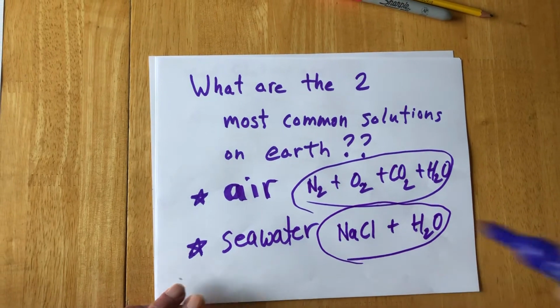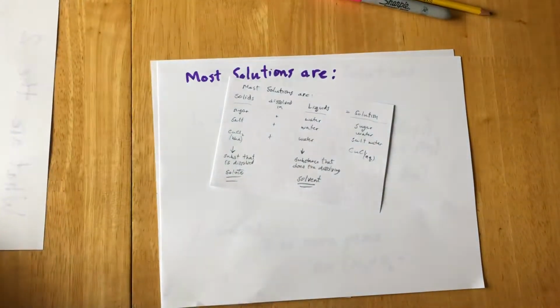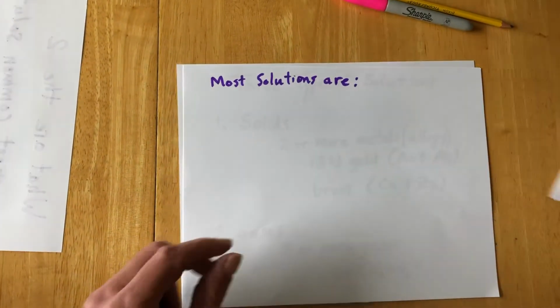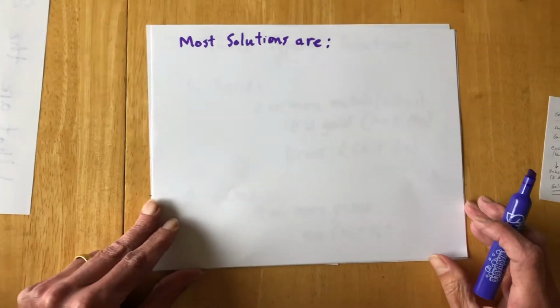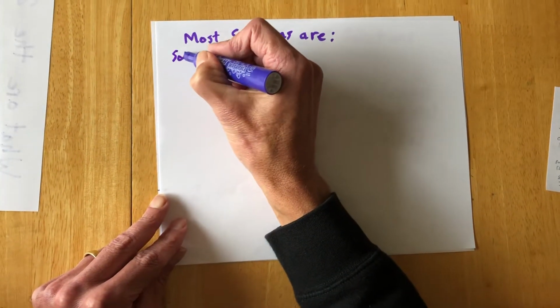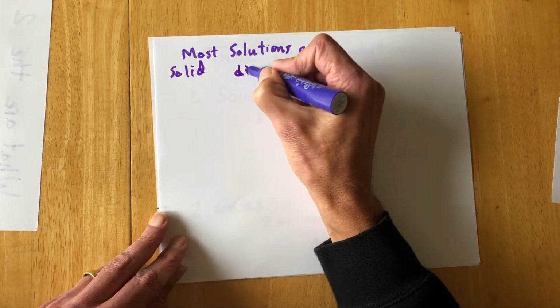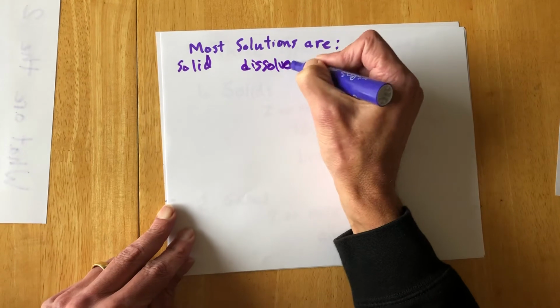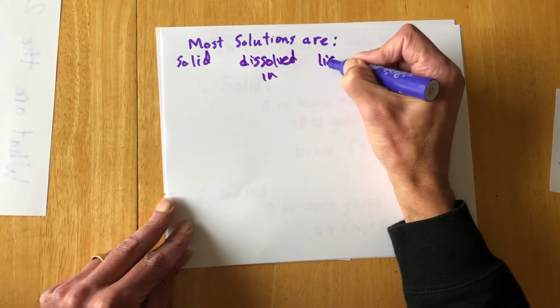And so it's an even mixture of those. So, most solutions that we deal with on a daily basis or in chemistry class are going to be a solid dissolved in a liquid.